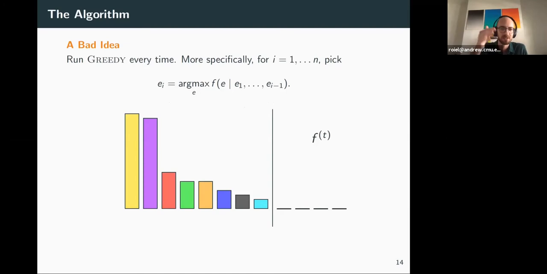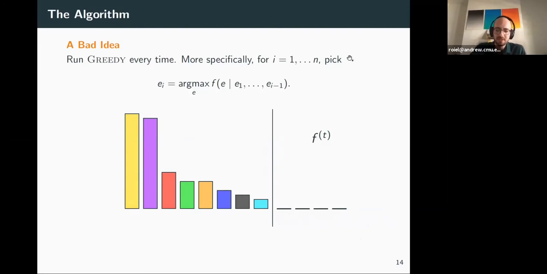First it picks the yellow, then it picks the purple, and so on. Because it's always picking the element of largest marginal value, we get this monotonically decreasing histogram. At some point, all the elements remaining have zero marginal coverage. They're of no more value to me because I've finished maximizing the function. So we draw this vertical line to denote the stuff that we don't take. Our solution is the prefix here that has non-zero height.